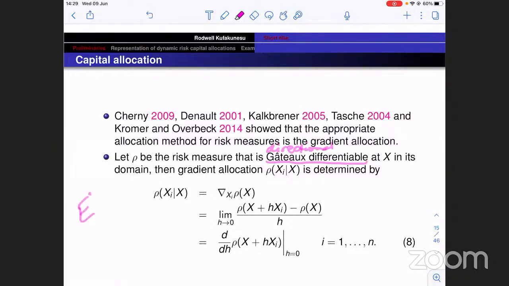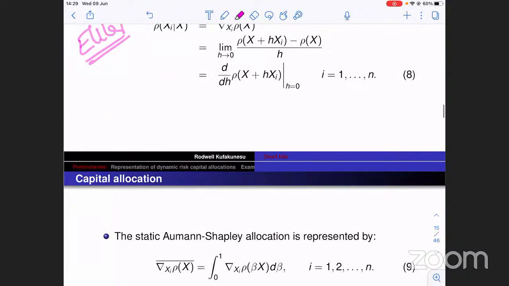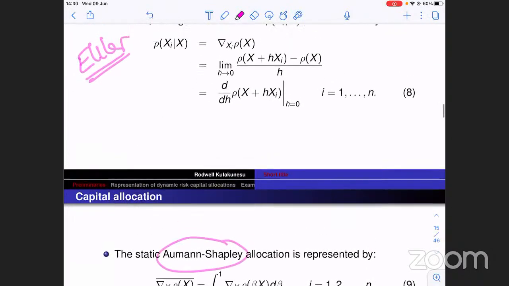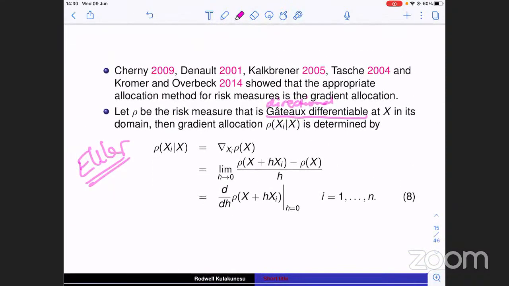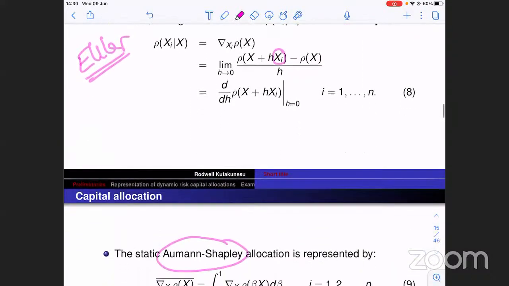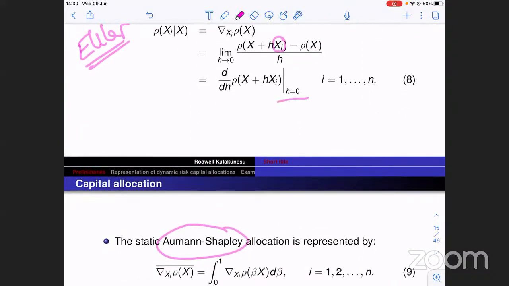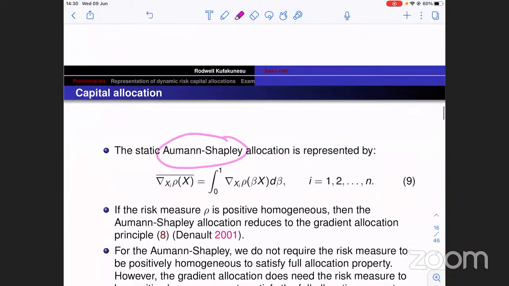This is also known as Euler's method, or the name I'll give here at the bottom, Aumann-Shapley. So what is it saying here? You are doing your gradient allocation in the direction of the portfolio or sub-portfolio Xi, and then you evaluate at 0.